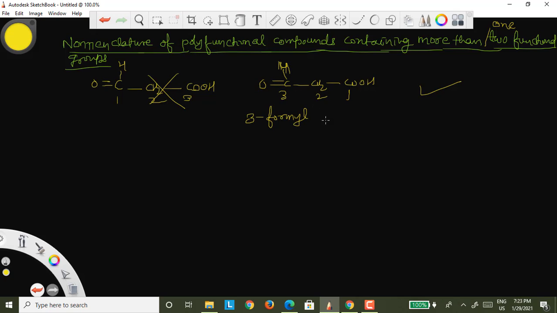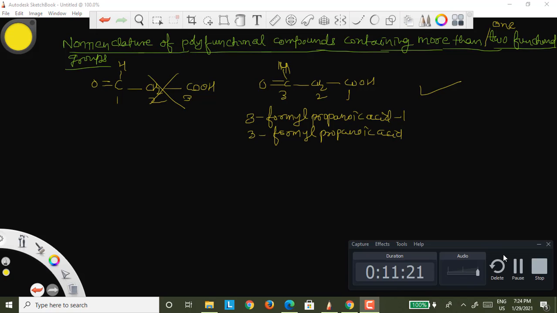So 3-formyl propanoic acid. 1 you may give or you may not give; both are correct, because carboxylic acid is always 1. So 3-formyl propanoic acid. So this is the name.